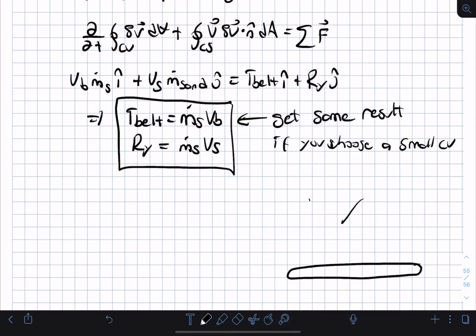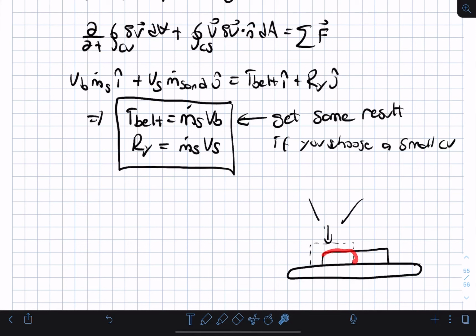I have the sand falling down. If I choose the control volume to be small, and I assume that there's always sand leaving it, so the exact opposite assumption, you can repeat the analysis for this control volume where I have the sand falling down, and the control volume is small.